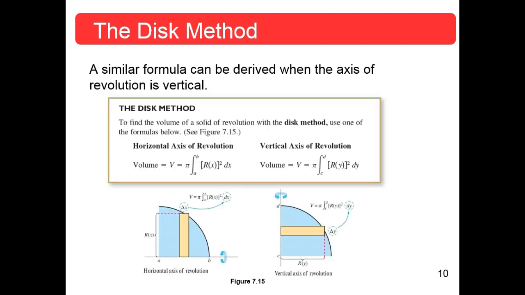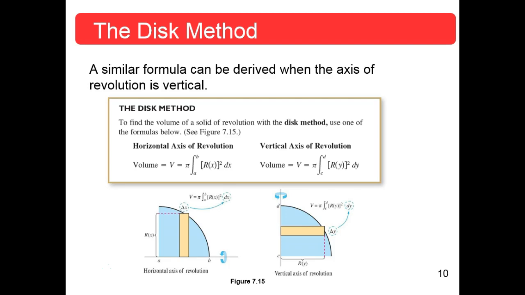All right, now, a similar formula can be derived when the axis of revolution is vertical. If you're going around the horizontal axis, do your dx that way, because that's the width of that. But when you're going around the vertical axis, then do a dy.